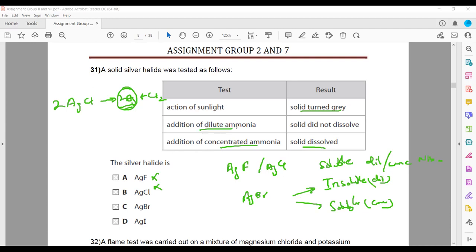So when we add dilute aqueous ammonia, the solid did not dissolve, but when we add concentrated, the solid dissolved. And silver iodide is insoluble in both dilute and concentrated. So it is actually AgBr, silver bromide, which is insoluble in dilute but soluble in concentrated.